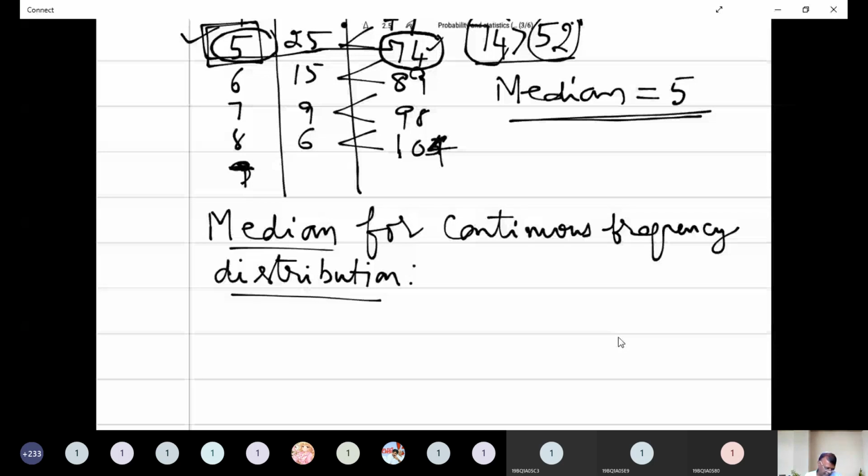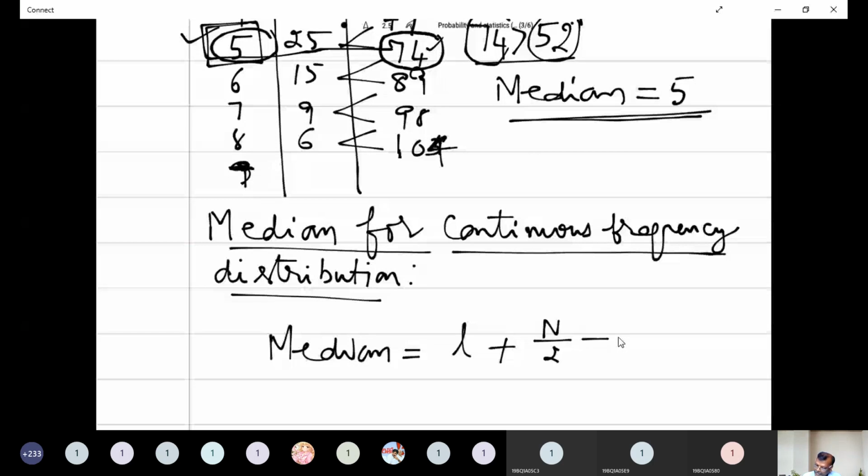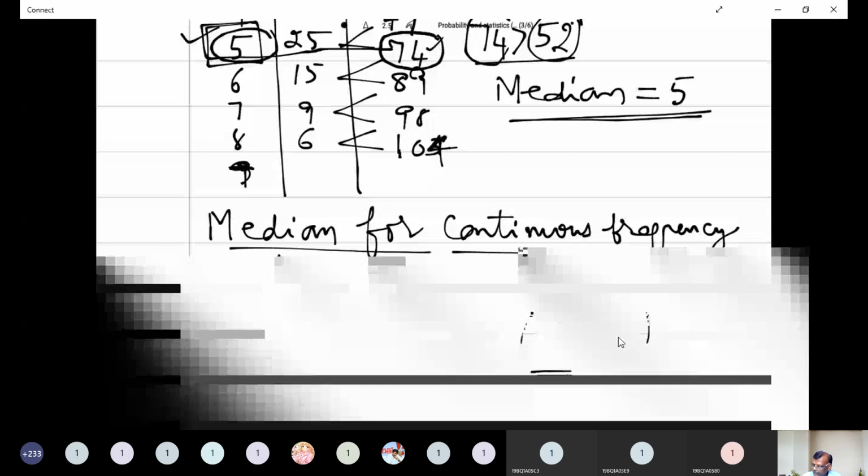Continuous frequency distribution. Now median is given by L plus n by 2 minus C. C means cumulative frequency, or simply you have to write CF, by frequency F into H. This is the formula.